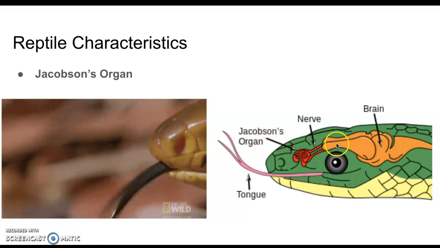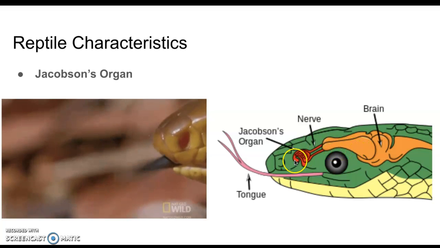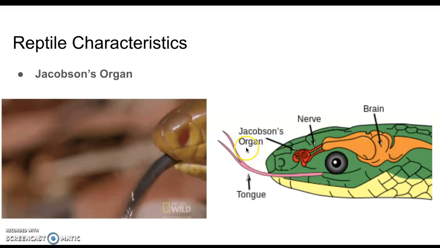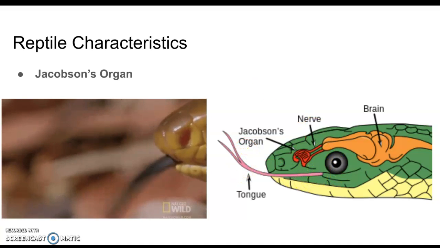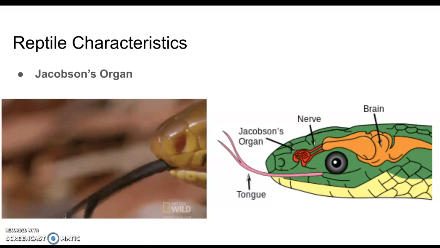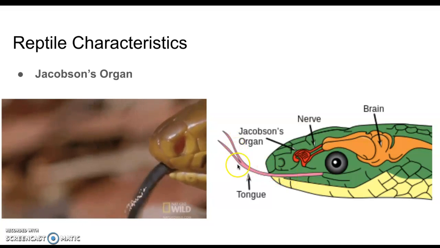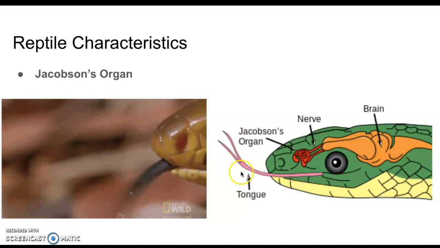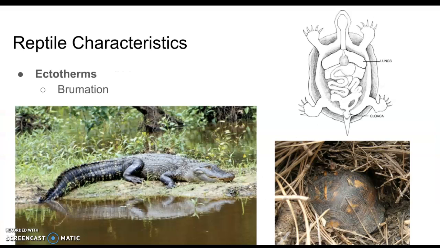This organ is connected by nerve endings to the brain, and it basically translates whatever information is picked up with the tongue into an odor. The way that it works is the snake will take out its tongue. It will move it so that it collects smell particles. It will bring the tongue in, give it to the Jacobson's organs, and the Jacobson's organs will be able to collect the smell.